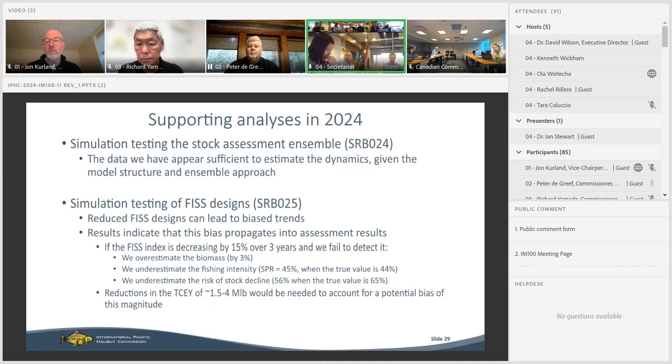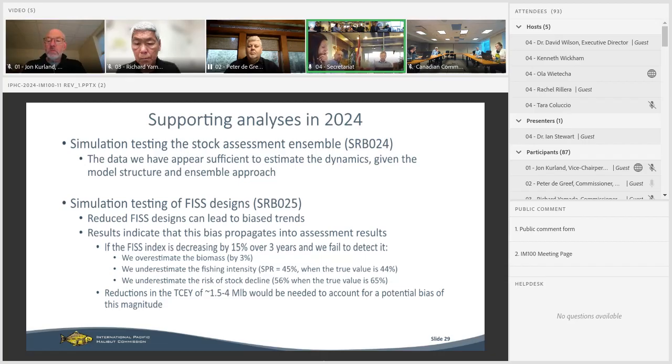What we wanted to find out was how and how much this potential bias would propagate into the stock assessment. What we found was that it will propagate into the stock assessment. In particular, we did a simulation test looking at if the FIS index was decreasing at a rate of 15% over a 3-year time period, and we failed to detect that decrease. So the time series was flat, but it was in fact decreasing.